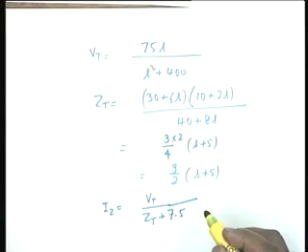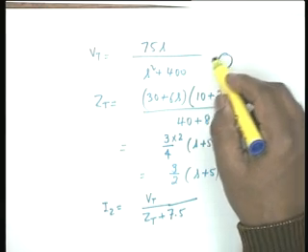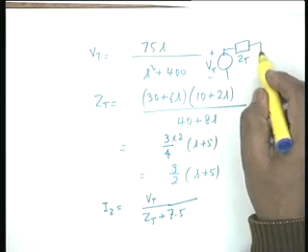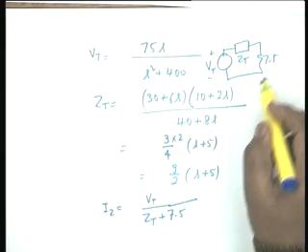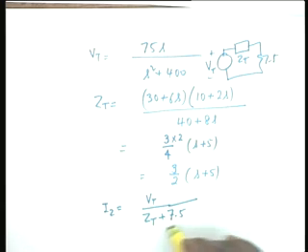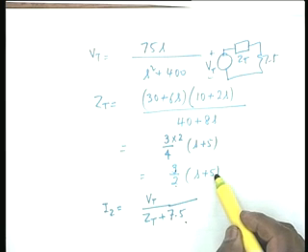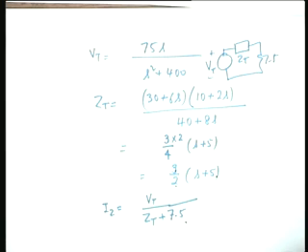Is this point clear? Thevenin's theorem says that we have Vt, then series Zt and this 7.5. The current therefore is Vt by Zt plus 7.5, and you can notice that here also there is a simplification. 3 by 2 multiplied by 5 is 15 by 2, which is 7.5.